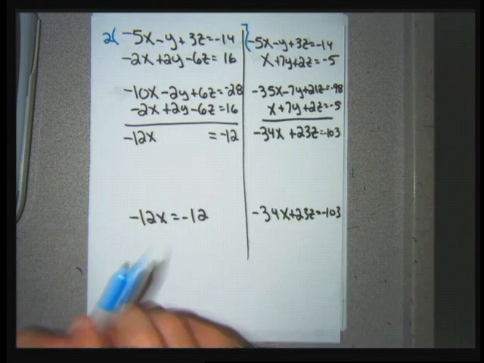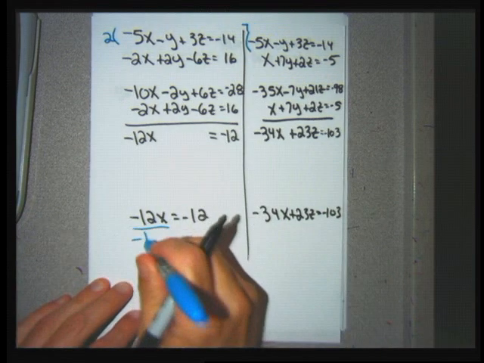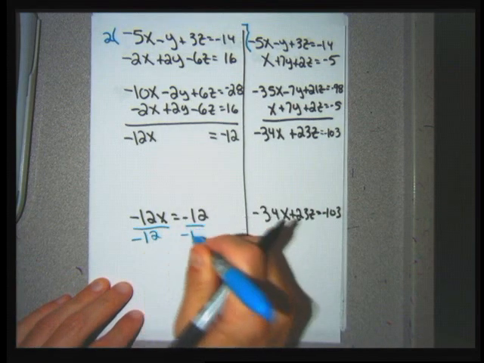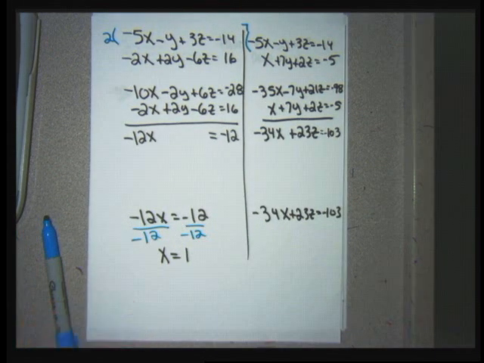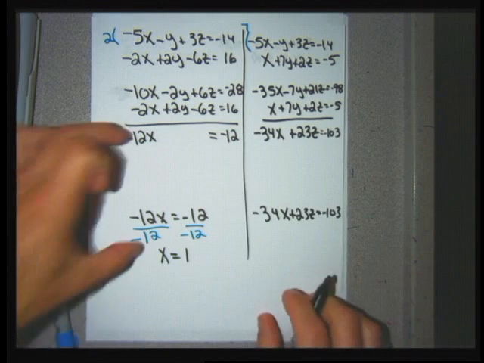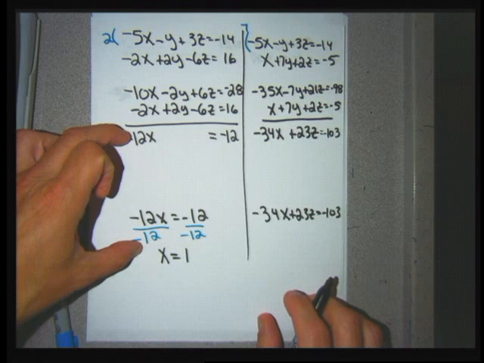So I'm going to use this equation. Divide both sides by negative 12. When I do that, I get x equal to 1 without even stacking these two equations on top of each other. By just using this equation alone, I'm able to get an answer for x.